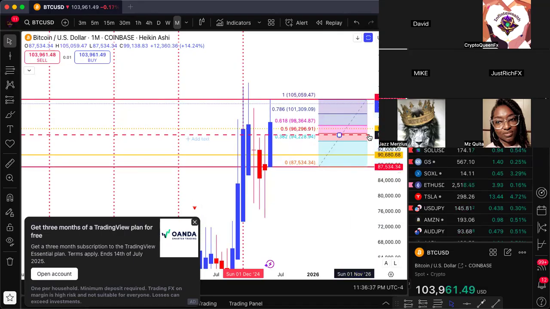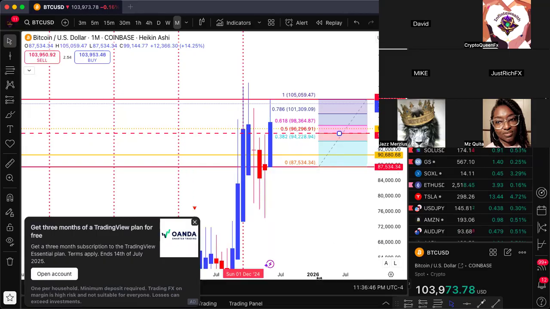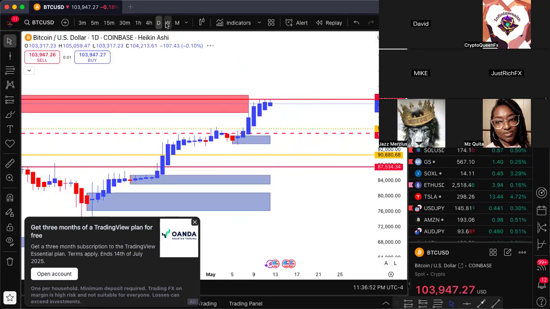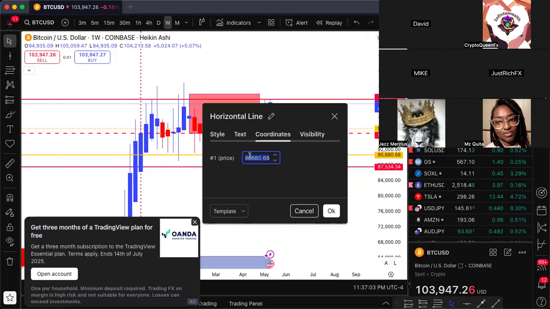So the new mid area for Bitcoin, for the month, is 96,296.91. And the weekly low is 94,935.09.